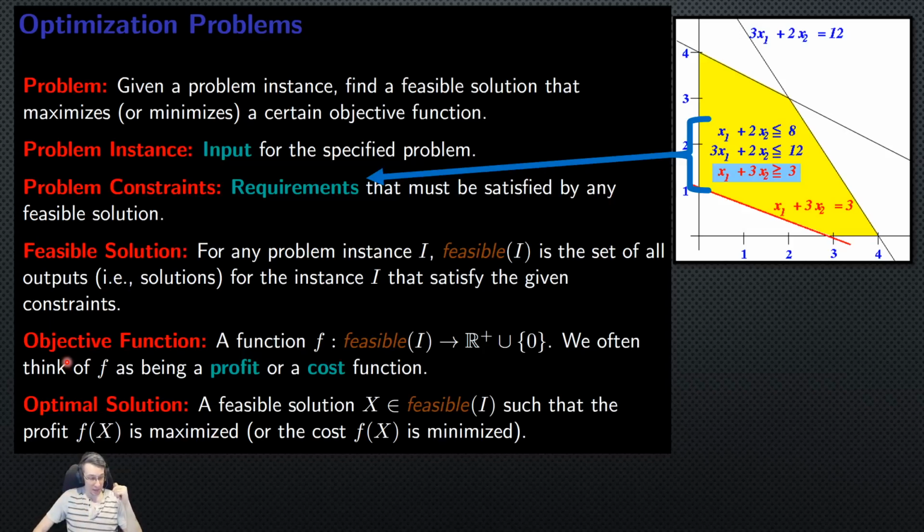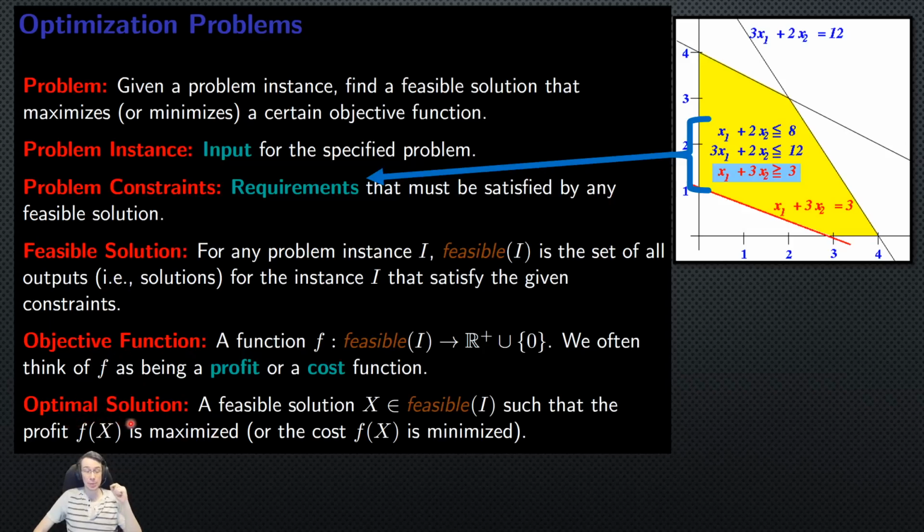And so you can think of the objective function as a function f that maps the set of feasible solutions into non-negative real numbers. And you can think of this objective function in some cases as being a profit function if we want to maximize it. You can think of it in other cases as being a cost function that we want to minimize. Okay, so that's what an objective function is.